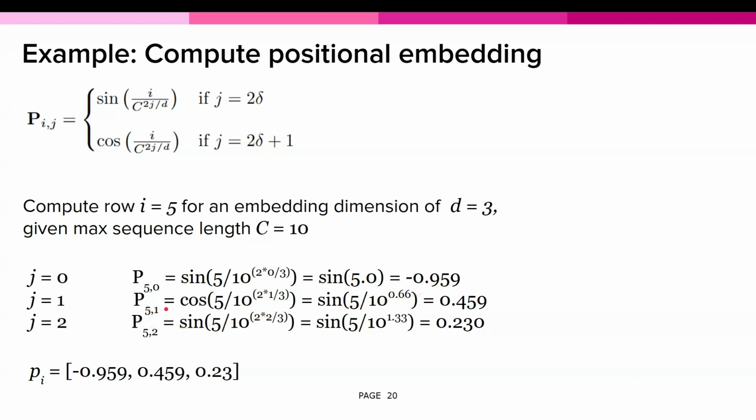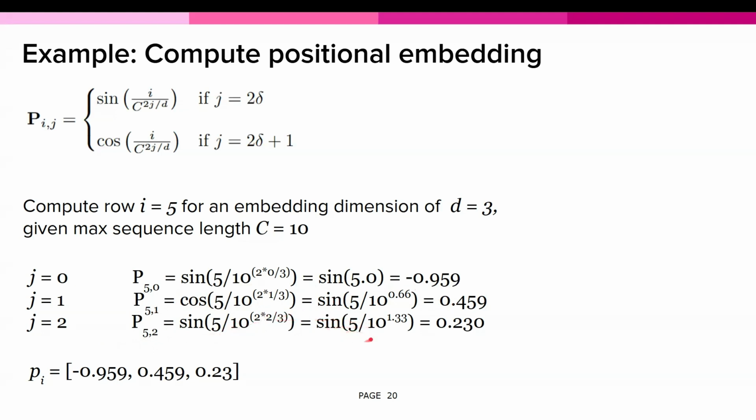And then for the next embedding dimension, we're going to be interested in taking the cosine. So this is going to be a cosine of 5 over 10 to the 2/3. So that works out to be 0.459. And then last but not least, for position 5,2, we're going to be doing the sine of 5 over 10 to the 4 over 3.